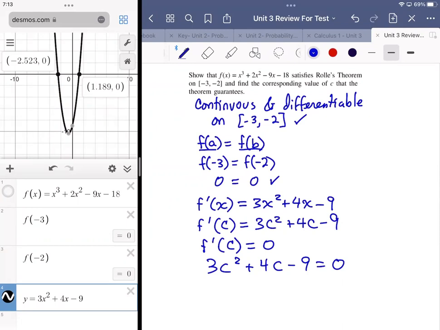So the interval is -3 to -2. The only value that falls in that interval would be negative 2.523.